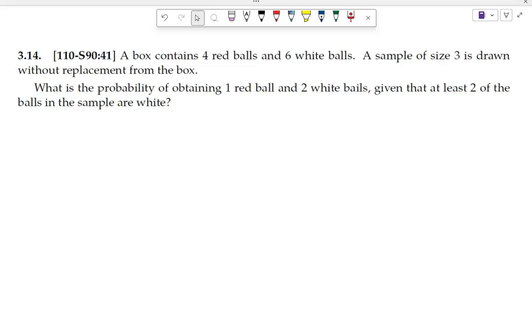A lot of times when you get something that's at least something, you want to think about the complement. Try to count the complement. It's usually easier. I don't think it's easier necessarily in this case because the complement of at least 2 is 0 or 1, right? But at least 2 in this case is also just 2 or 3. So I think you can probably compute it directly. You should get the same number either way.